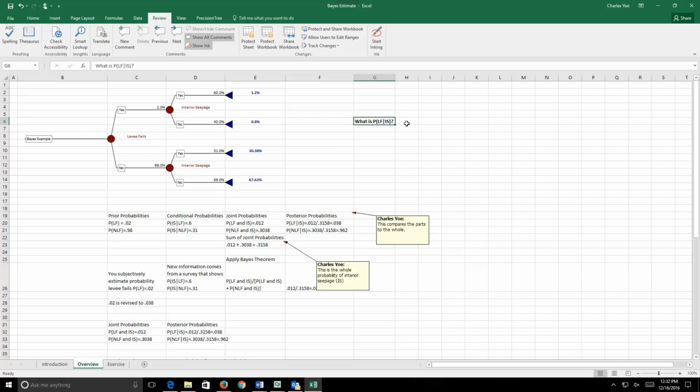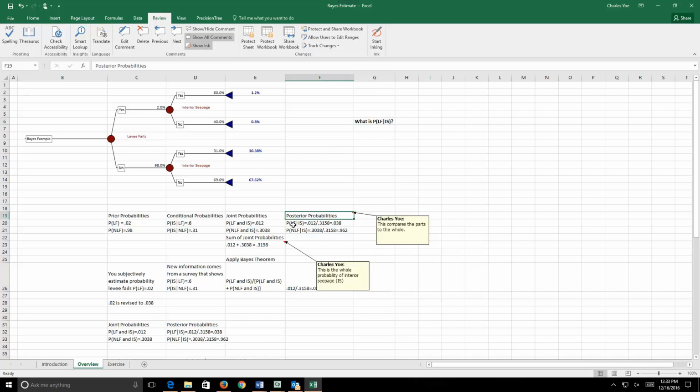This would be useful to have because we might do an inspection that turns up some evidence of interior seepage, and we'd like to know now, how does that affect the probability that the levee is going to fail? Initially, we used a 2% chance of levee failure, but we now have some information. If we know there's interior seepage, how does that probability change? And the answer is embodied in our posterior probabilities.